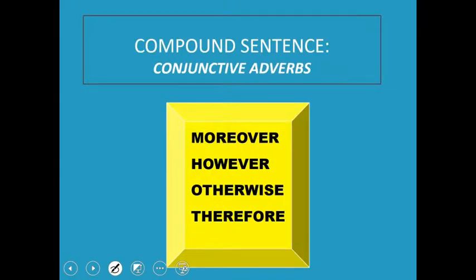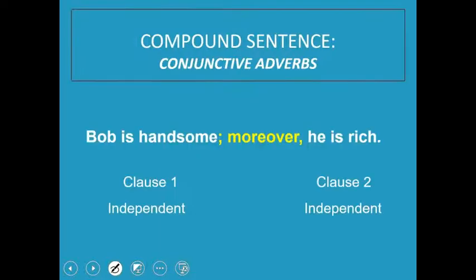We have compound sentences with conjunctive adverbs. These are words that also put together two simple sentences. We got moreover, however, otherwise, therefore. So, Bob is handsome. Moreover, he is rich. So we got clause 1 here, or a simple sentence here, and another simple sentence here.